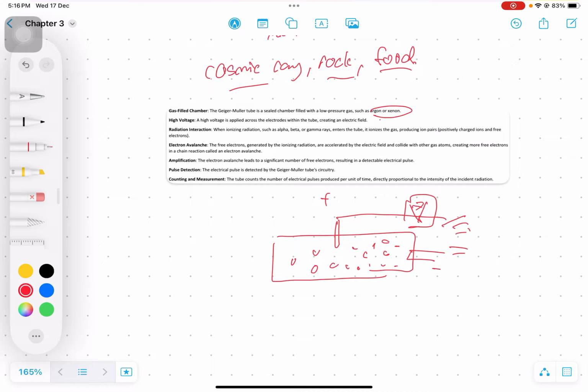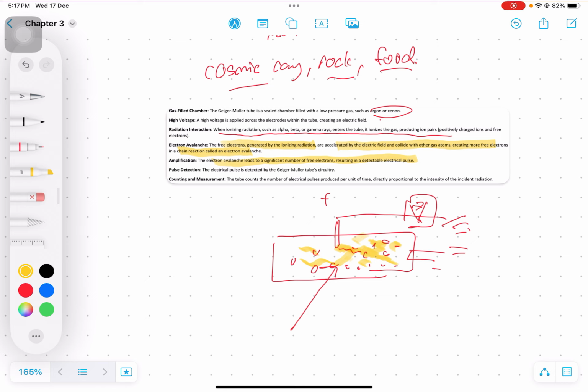If ionizing radiation such as alpha or background radiation enters the tube, it ionizes the gas and produces an electron and ion pair. The free moving electron will accelerate in the electric field and collide with other gas, creating more free electrons in a chain reaction called an electron avalanche. If the avalanche leads to a significant number of free moving electrons, there is a detectable electron pulse.